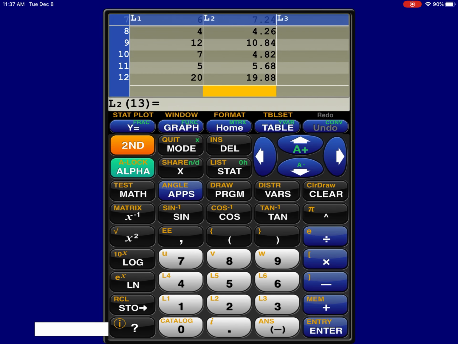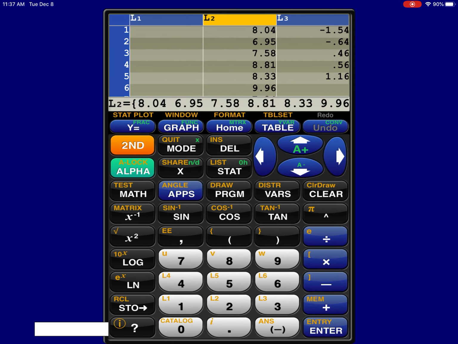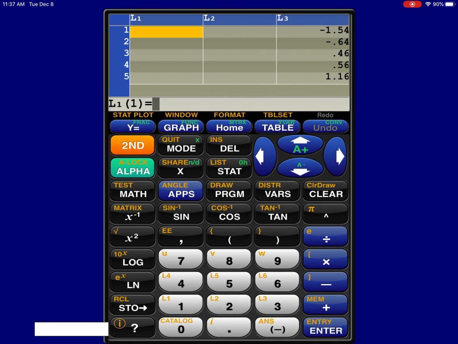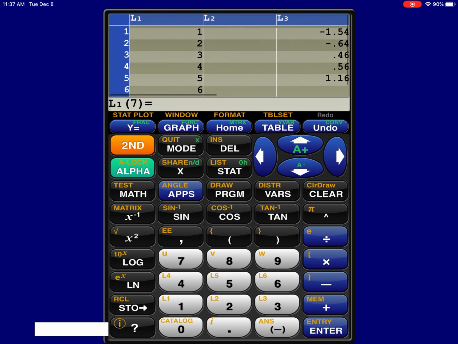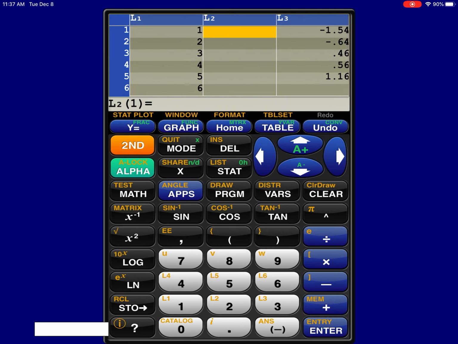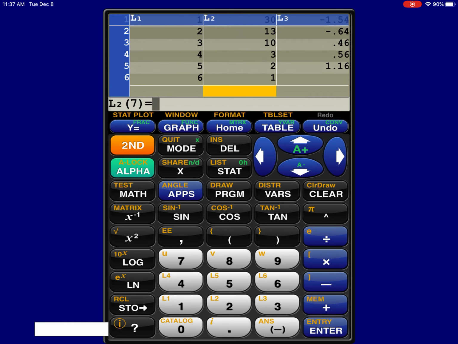So let's go ahead and put that number in. Stat, edit, go to L1, clear, L2, clear, and then go to L1. So I have 1, 2, 3, 4, 5, and 6. And then how many M&Ms were remaining? 30, 13, 10, 3, 2, and 1.